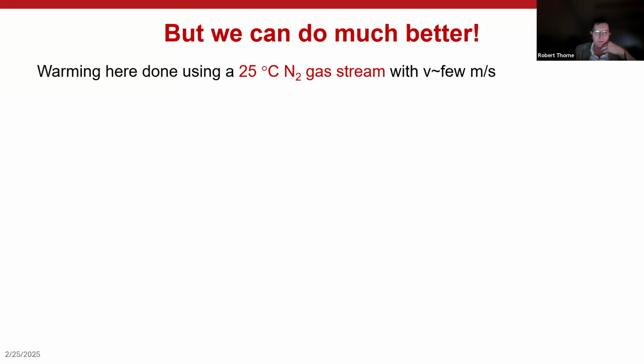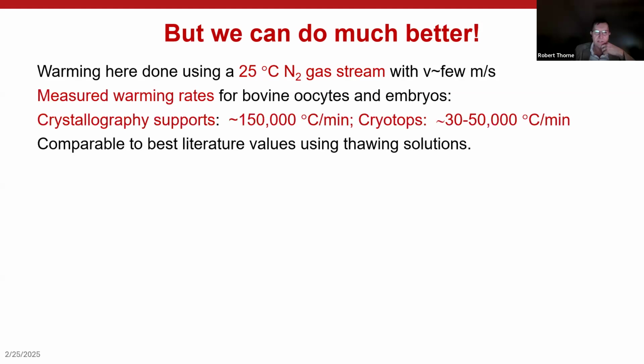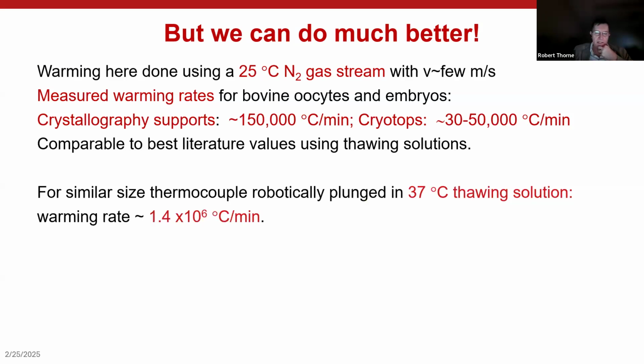As I said, here we're warming with just a nitrogen gas stream. And the warming rates we measure on crystallography supports are about 150,000 degrees C per minute. That's as good as the largest warming rates that have been reported in the literature. But if you're warming in a thawing solution, you can do a lot better.